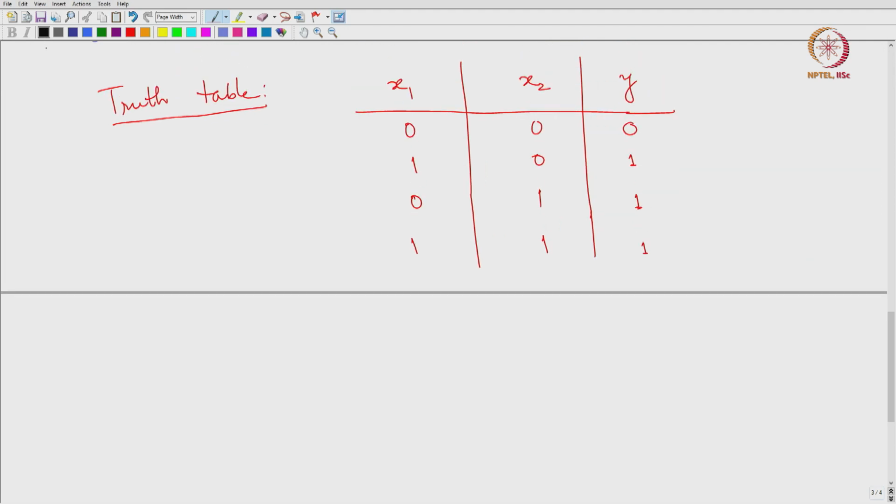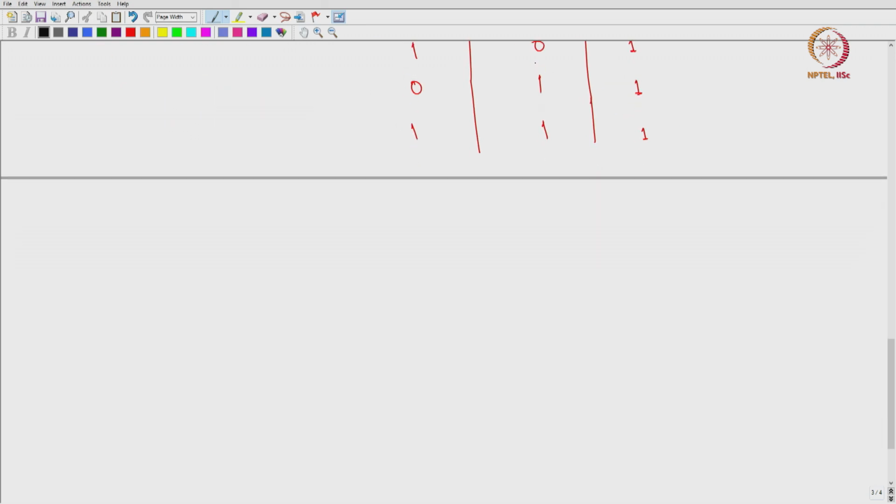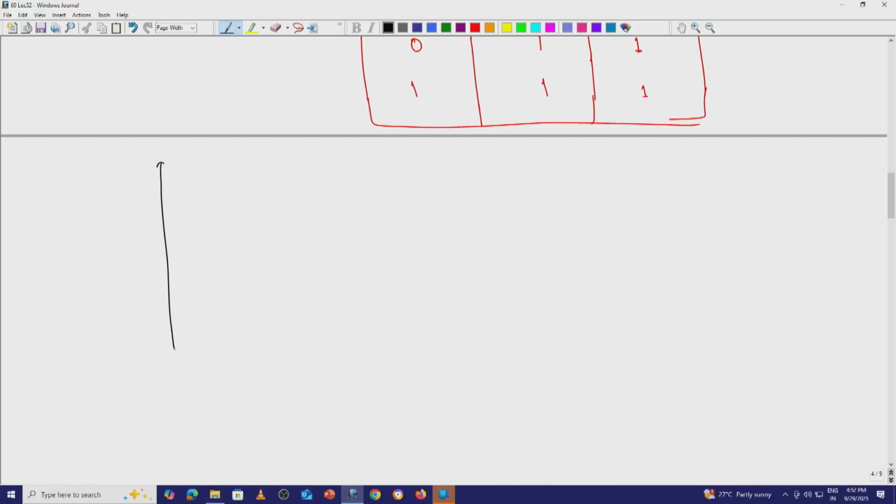Now let us try to represent this on the 2D plane. There are two variables x1 and x2, so let us try to plot these values here. On the horizontal axis I will have x1, and on the vertical axis let us have x2. So what are the points here?